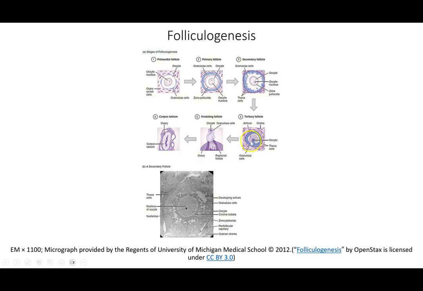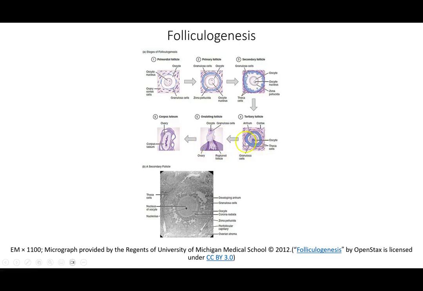The oocyte is inside, theca cells out here, and a nice thick layer of granulosa cells. This egg cell from the tertiary follicle is what would be ovulated, leaving behind the theca cells and the granulosa cells after that ovulation process.